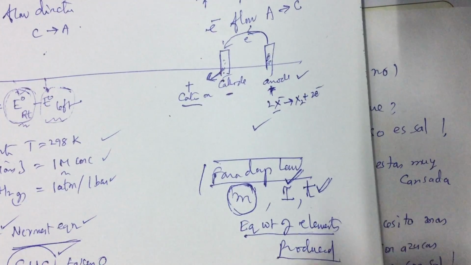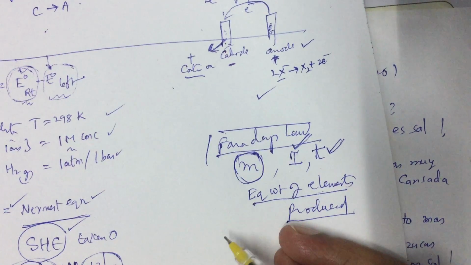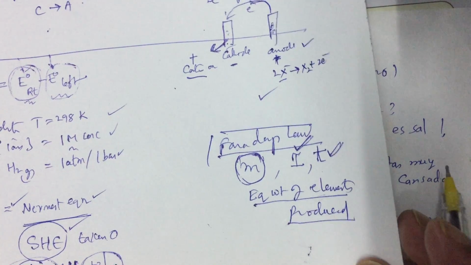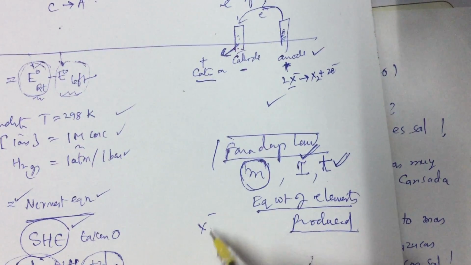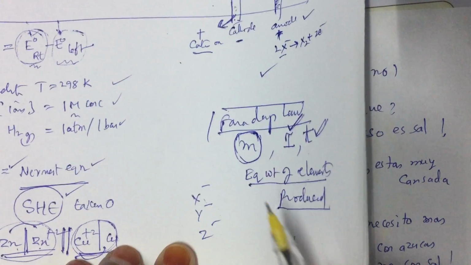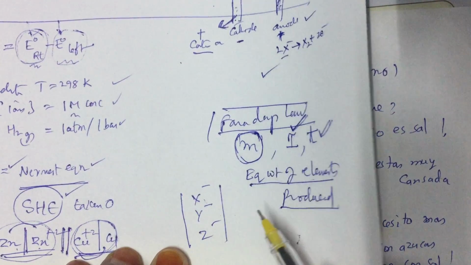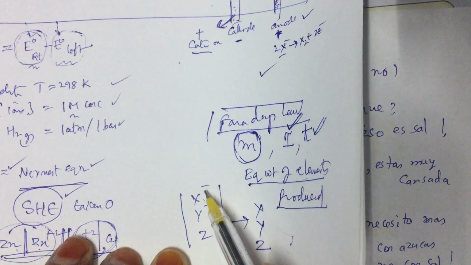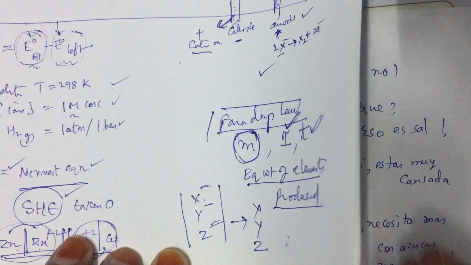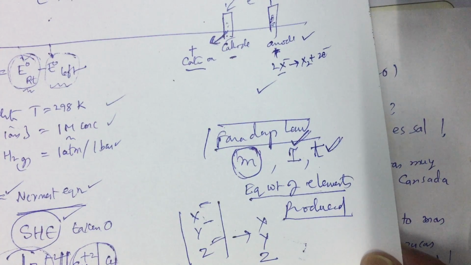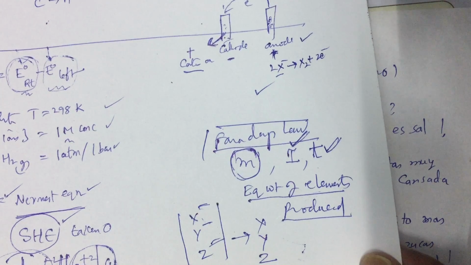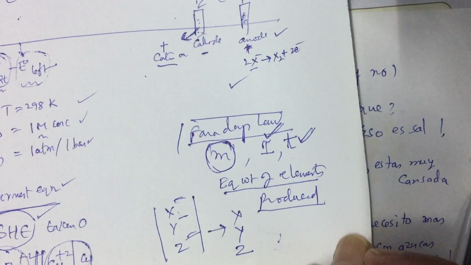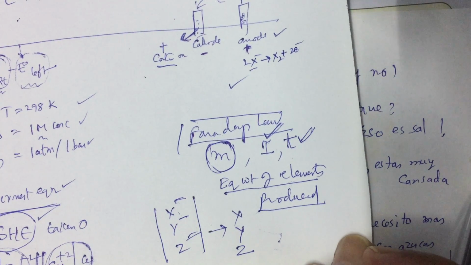But in an electrolytic cell, one point I should say, if you have different ions with different electrode potentials, say X minus, Y minus, Z minus, different negative ions, always negative ions undergo oxidation to give say X, Y, Z. Then who will first lose the negative charge? That which has less discharge potential readily loses the negative charge. Nowadays we are not using the term discharge potential.